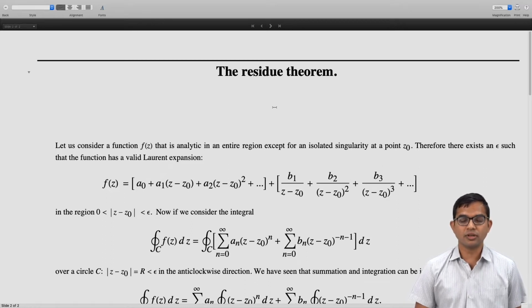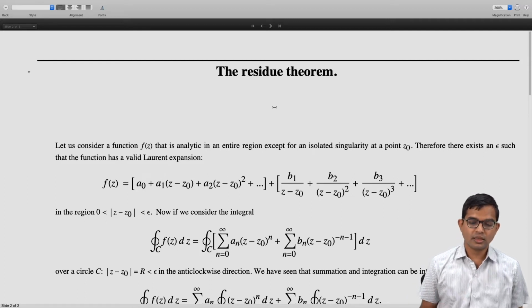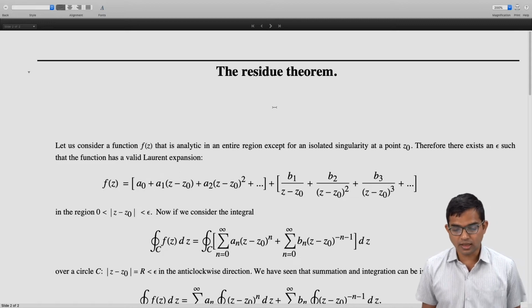So that's where the singularity is. So b1 over z minus z0, b2 over z minus z0 the whole square, plus, and so on, right? And this expansion is valid in some region 0 less than mod of z minus z0 less than epsilon, because you have an isolated singularity at z0.